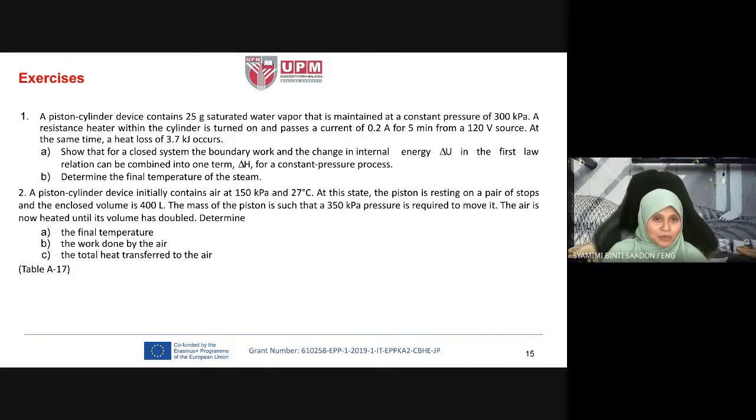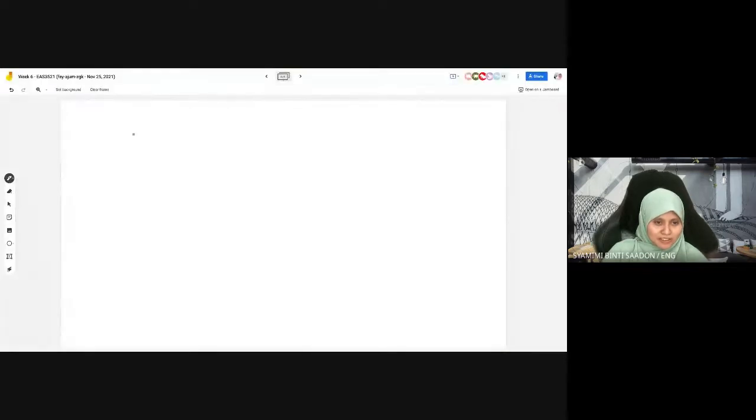Okay, I will help you to illustrate the process. Imagine you have a PV diagram. Since we have a constant volume and a constant pressure process, it's easier to sketch. So we have P and V in meter cube. Initially, 150 kilopascal, 27 degrees Celsius, so we write 150.